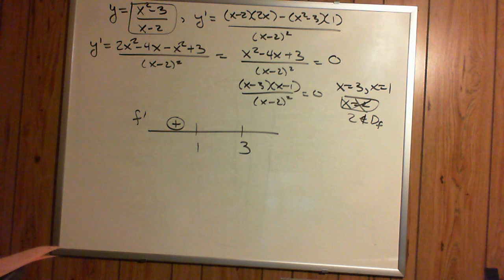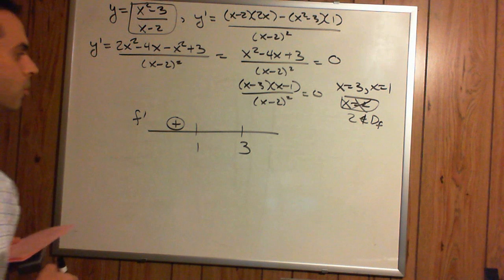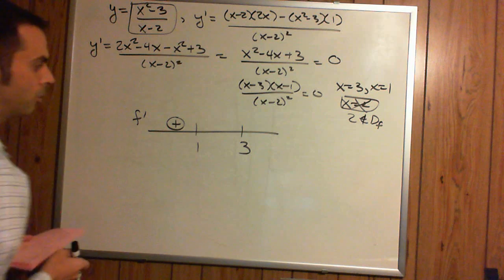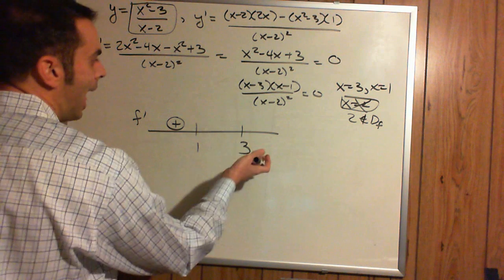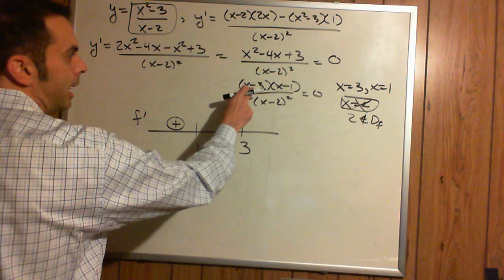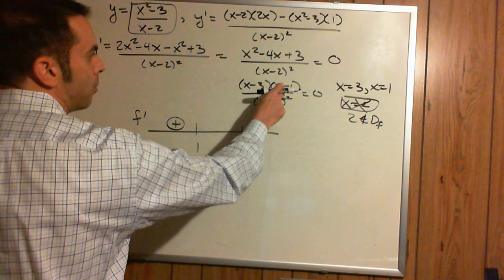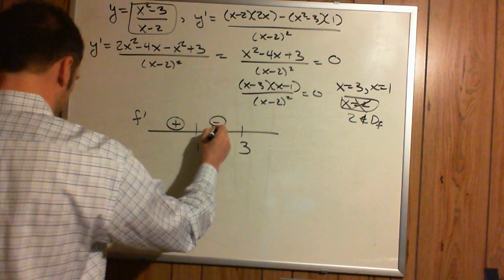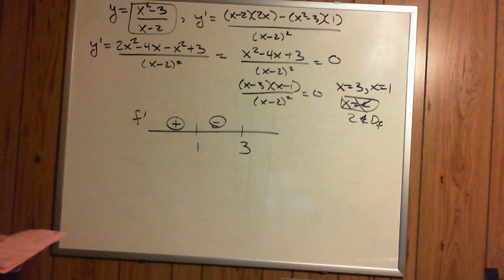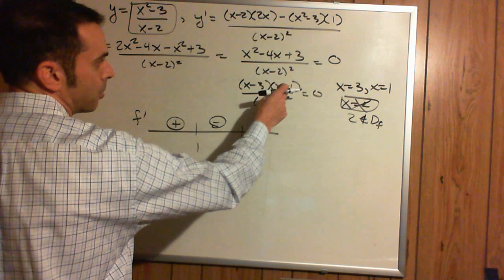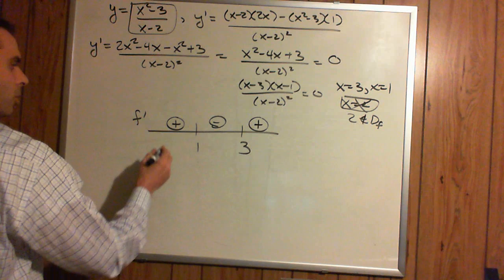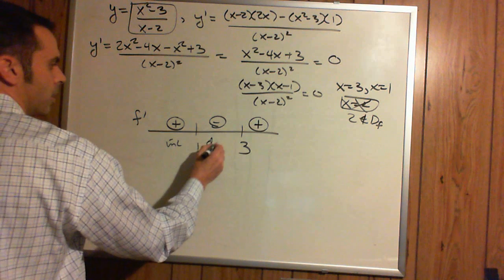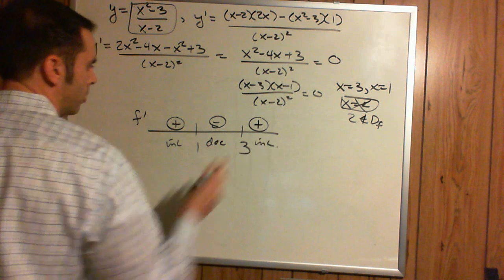I do have a vertical asymptote here at 2, so I can't obviously include 2. If I pick, say, 1.5, I will get a negative times a positive over a positive, which is a negative. And if I pick, say, 5, I'll get a positive times a positive over a positive, which is clearly a positive. So the function here is increasing, decreasing, and increasing.